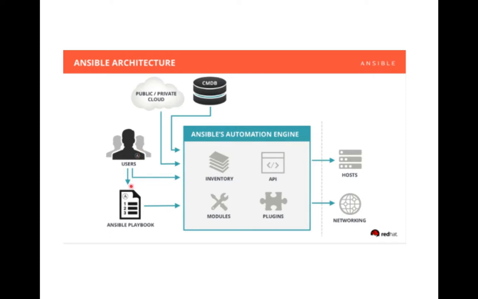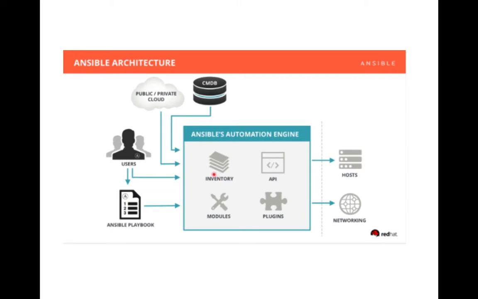When you run Ansible, you oftentimes are executing an Ansible playbook, and that Ansible playbook is this YAML configuration file. Ansible will use that configuration file then to manage the configuration of servers within your environment. And it does that using a couple different components.